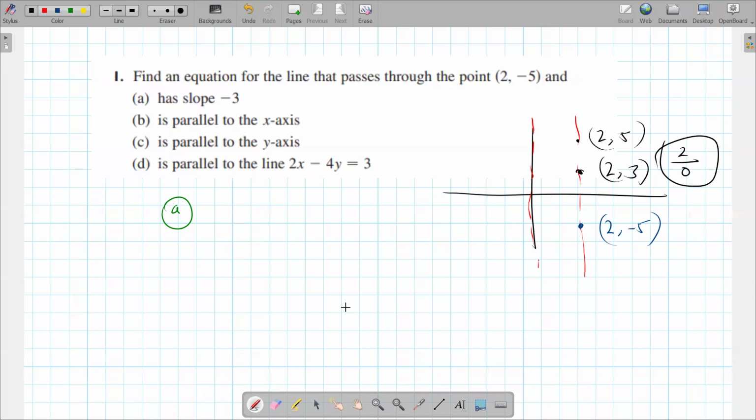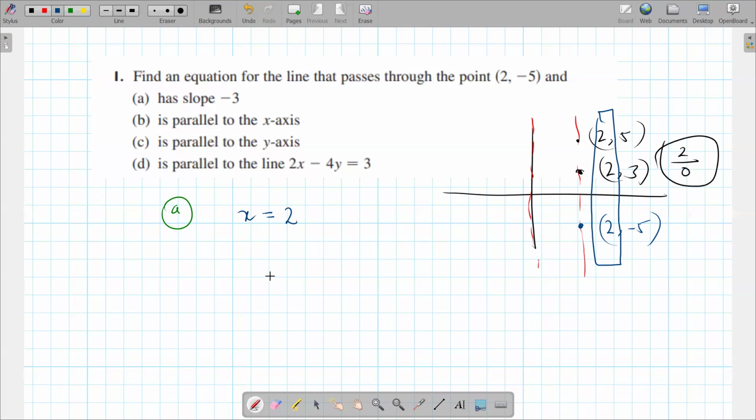So we can't write the line in terms of y because this form requires a slope, y equals mx plus b. So what we do with vertical lines is that we write it in terms of x. It's just going to be x equals whatever the x value at that point is. And that's it. That's the answer for C.